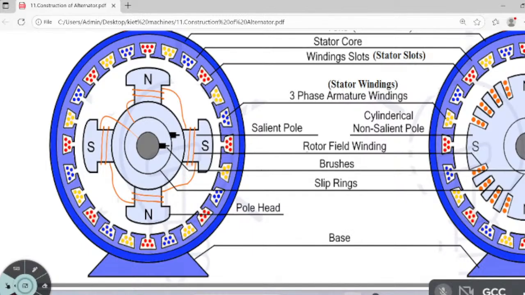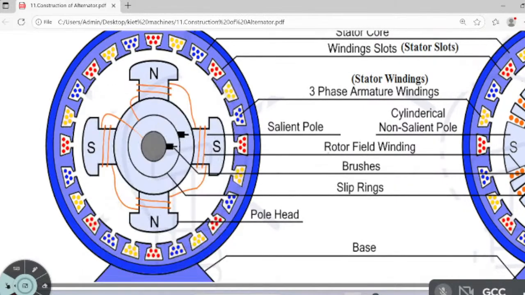So the rotor is rotating, that is the field is rotating, and the flux is delivered. Whatever flux is delivered while rotating this rotor is cutting the conductor. So in this conductor EMF is induced. So directly AC is induced. So there is no need of converting AC to DC. So directly we are taking AC output.